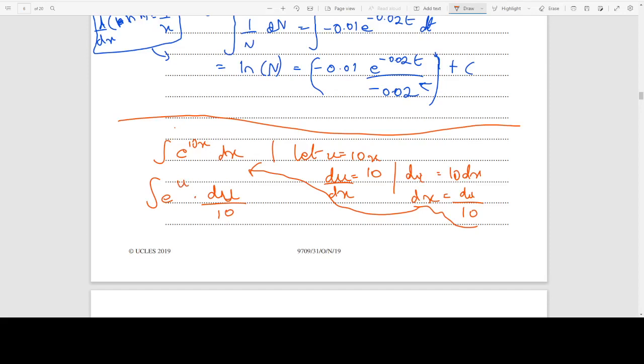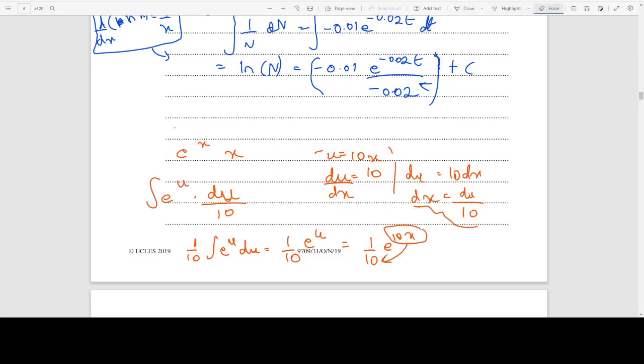So we'll have 1 upon 10 integral e^u du, which is equal to 1 upon 10 e raised to u, which is equal to 1 upon 10, and u was actually 10x, so 1 upon 10 e raised to 10x. So you see, we divided by the derivative of this part. So that's all we are going to be doing in this one.